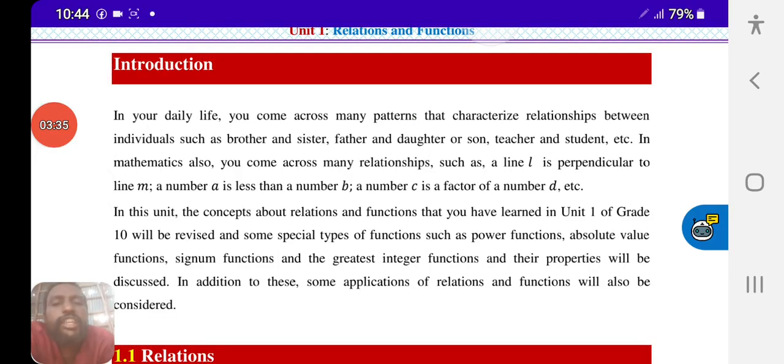Now let's introduce some main points about relation and functions. This is the introduction part.